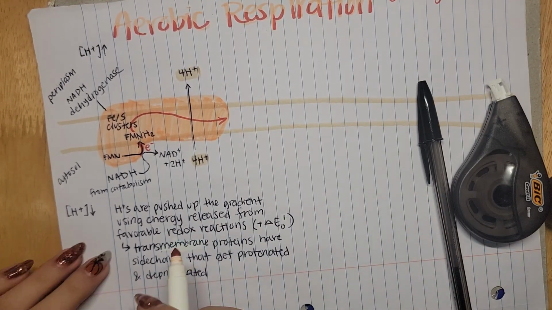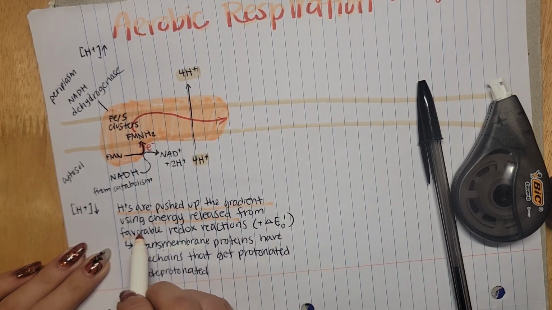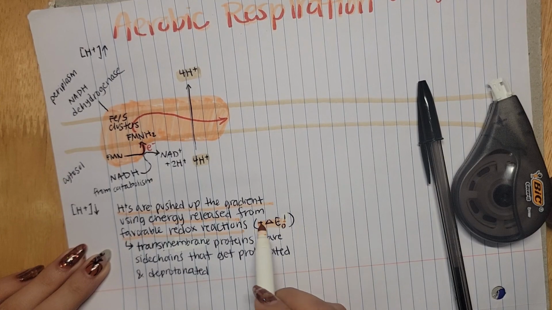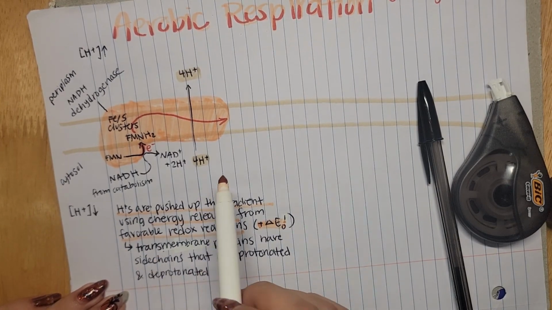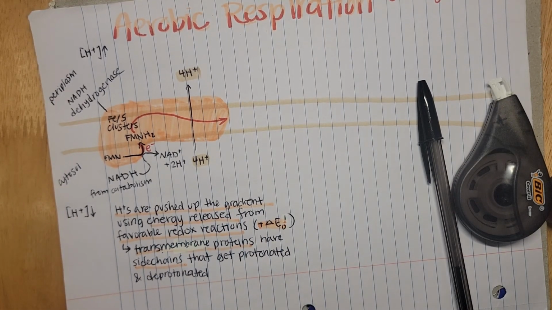So protons are pushed up the gradient using energy released from favorable redox reactions, meaning a positive delta E naught, and the protons are pushed along transmembrane protein side chains that get protonated and deprotonated.